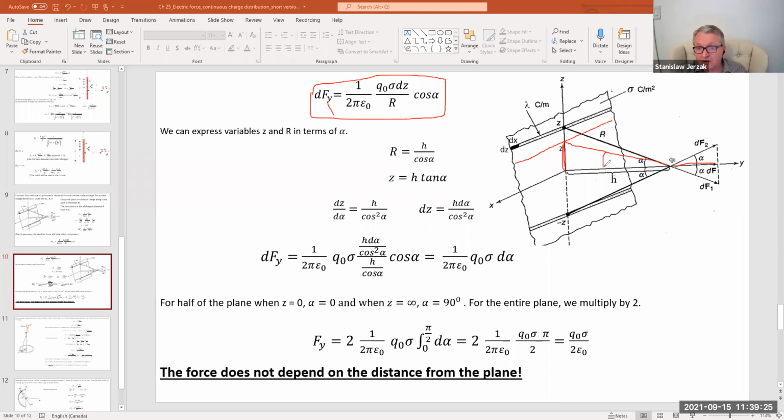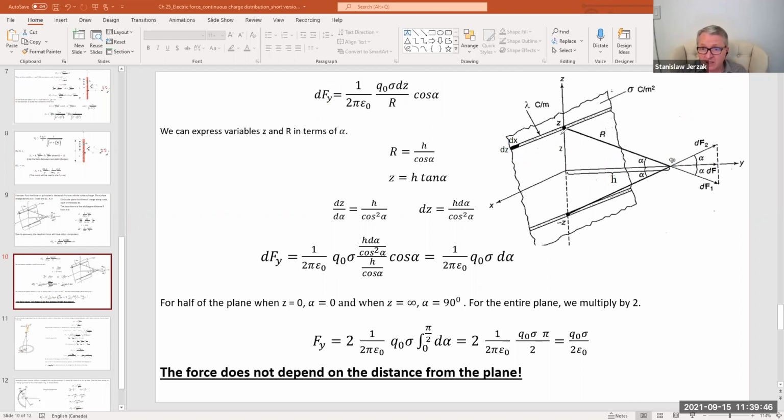Alpha would be a new angle, different. And R, the perpendicular distance here, would be different as well. So there are three variables, Z, R, and alpha. And we have to find a way to express all these variables in terms of just one variable.